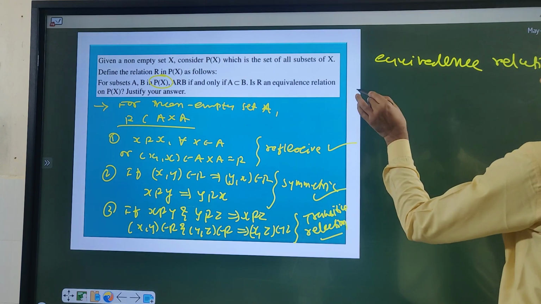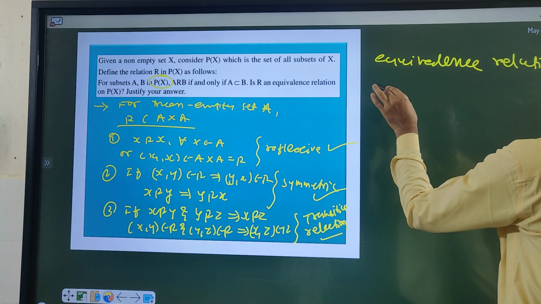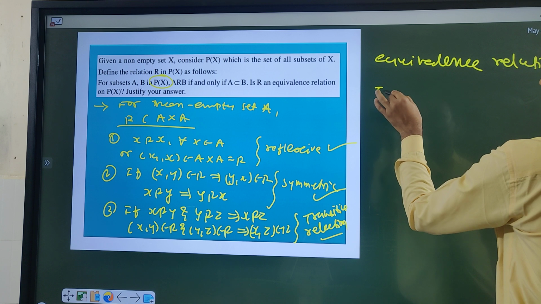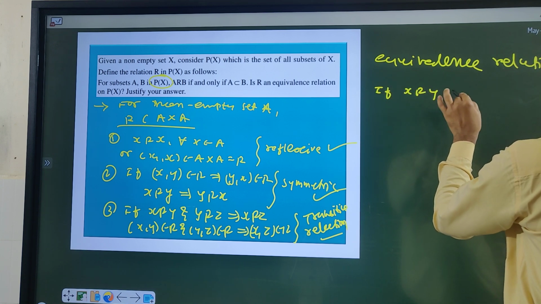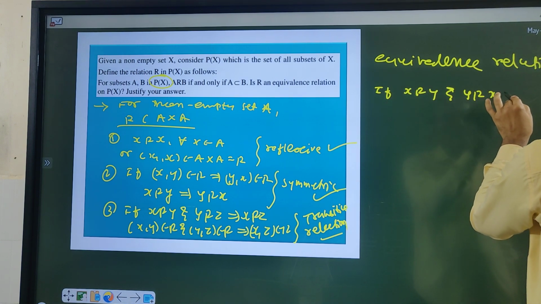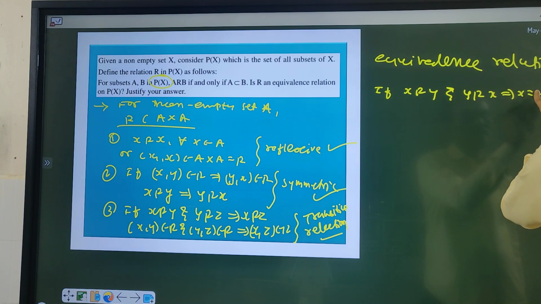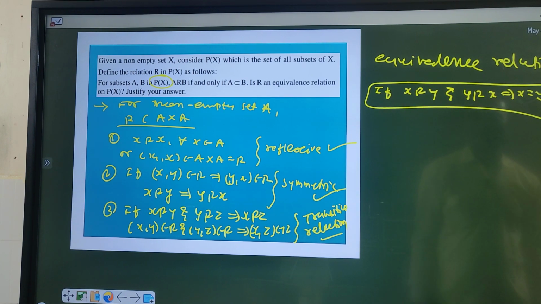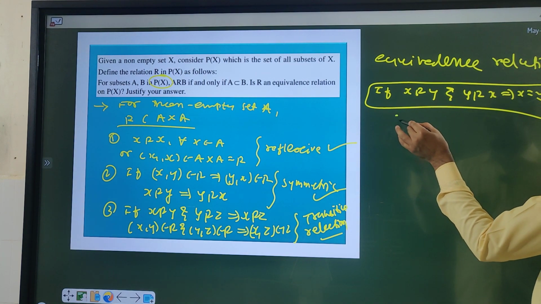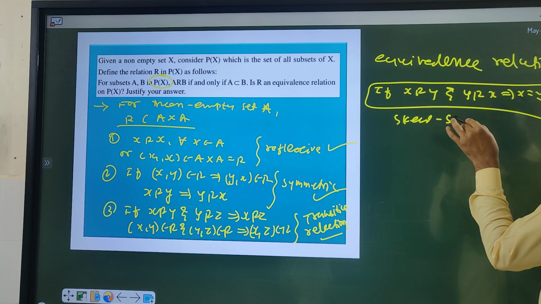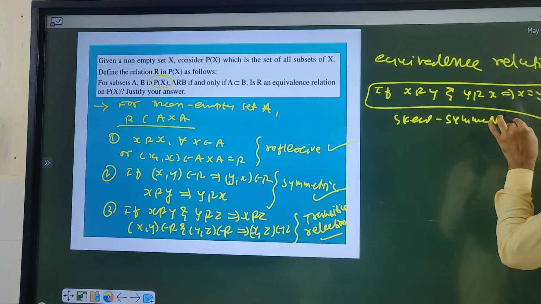Here, one more relation is also there. If x R y and y R x implies x is equal to y, if they satisfy this condition, then that relation is a skew symmetric relation.